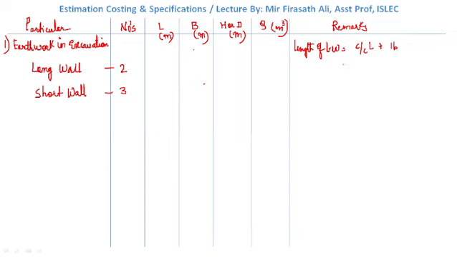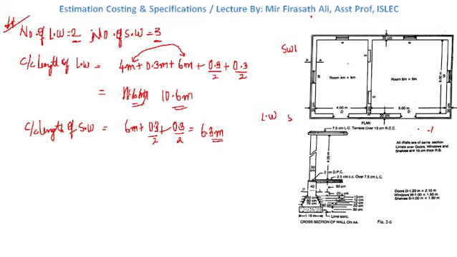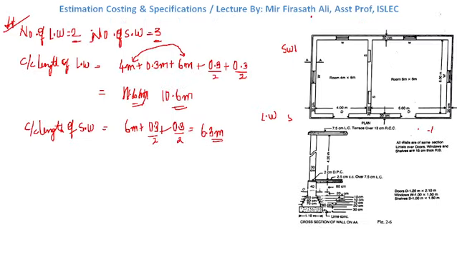So what is the center to center length of long wall, which we have calculated over here? It is 10.6 plus 1 breadth. See, look over here, excavation. What is the width of the excavation which we have to dig? Look at the cross section, look in this figure. What is the width of the excavation? It is 1.10 meter.